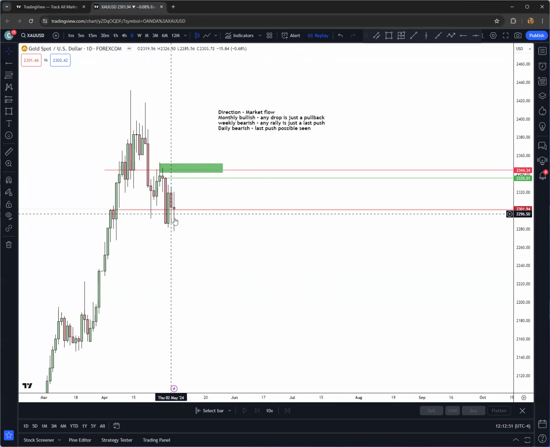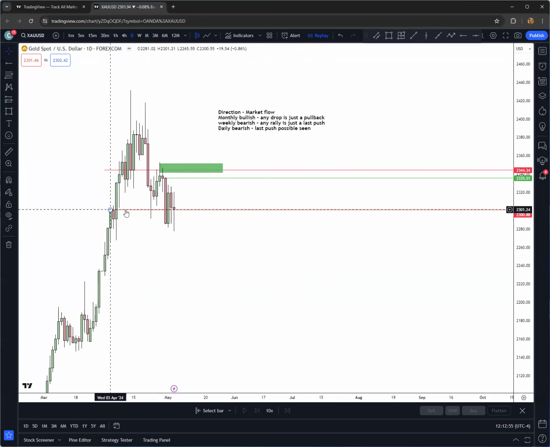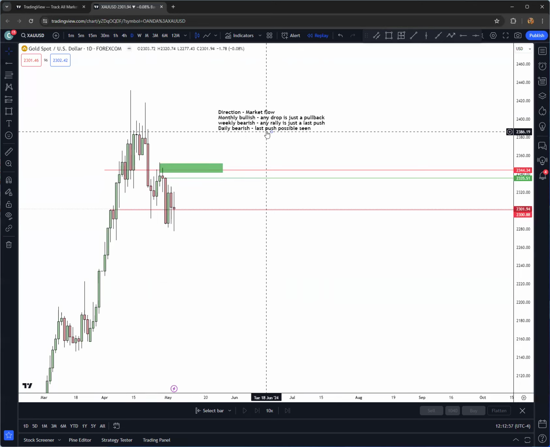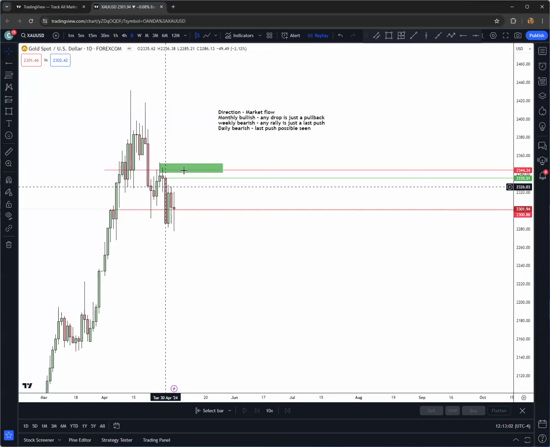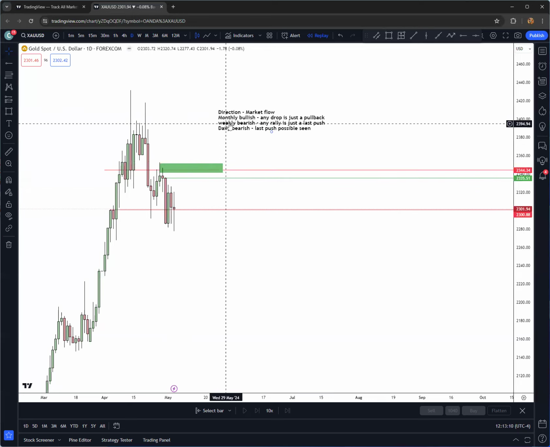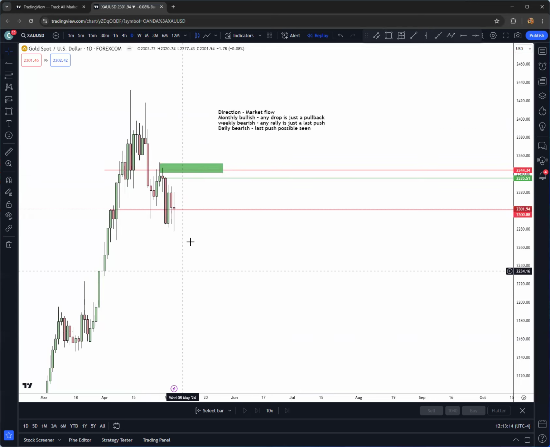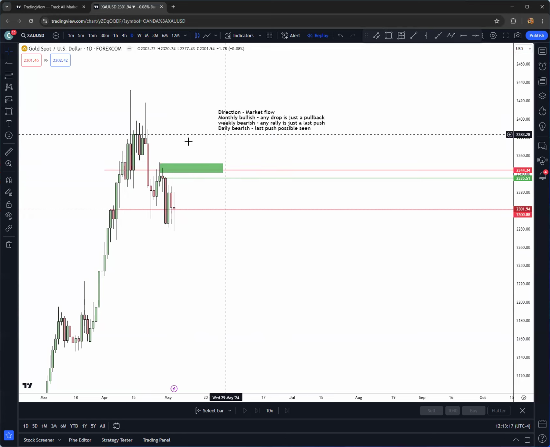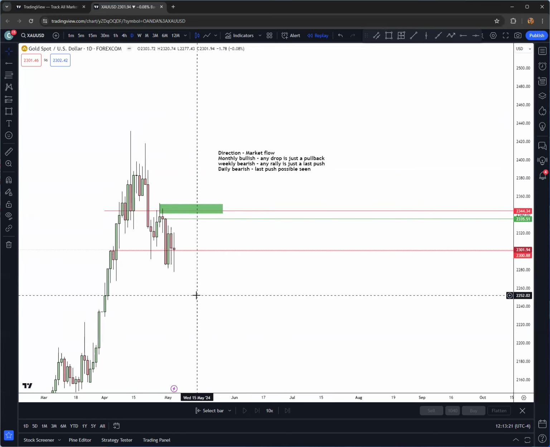So the daily cycle needs to complete first before the weekly, which is possible, the daily last push was seen. And then next week, you need to monitor to see what the price does first. Is price coming up to complete the weekly, or is it going to continue daily sells, right? That's how I would view this thing and want to be looking to take shorts.